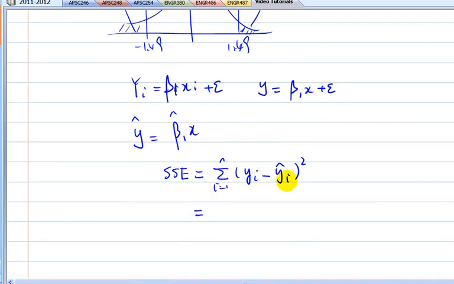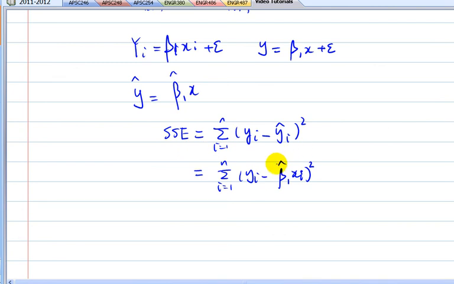Of course, you replace the y hat i with this one here. Then we want to minimize this quantity, so we try to find a suitable value of beta 1 hat such that this SSE quantity is minimized.